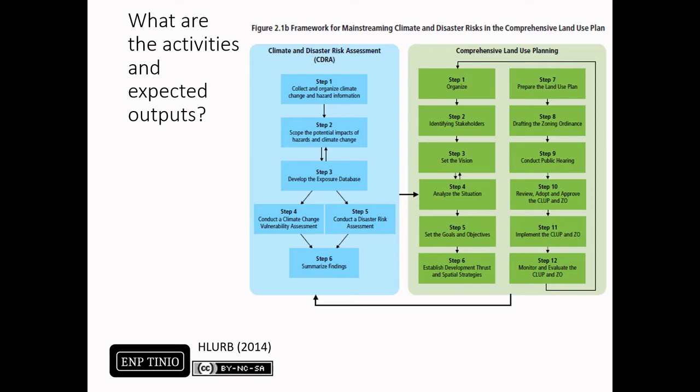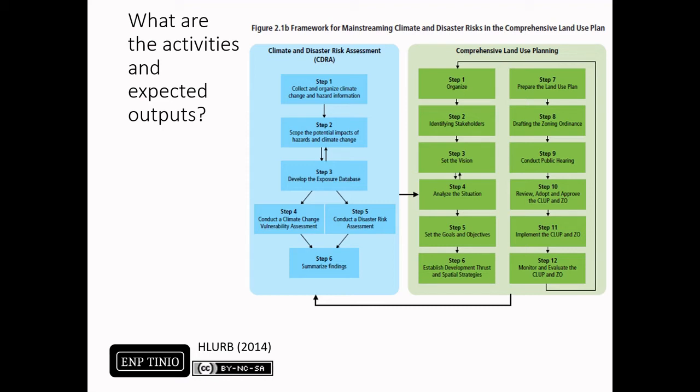The CDRA mainly endeavors to identify priority decision areas, locations that are threatened by natural hazards and can be more vulnerable and at risk to disasters with the changing climate. Through the CDRA, the succeeding steps of the CLUP may be directed to prioritize these areas.